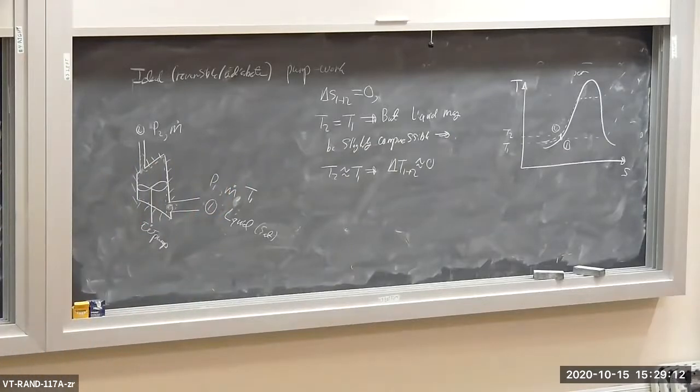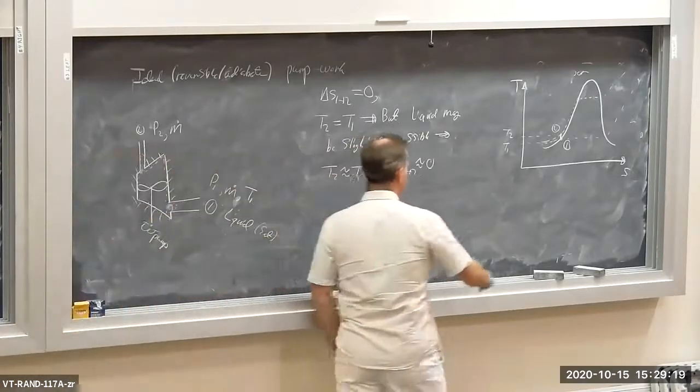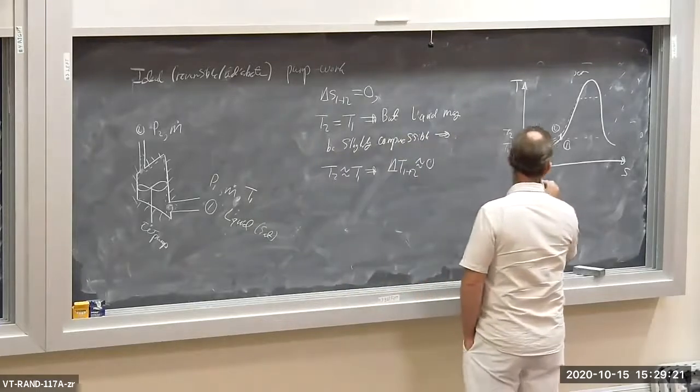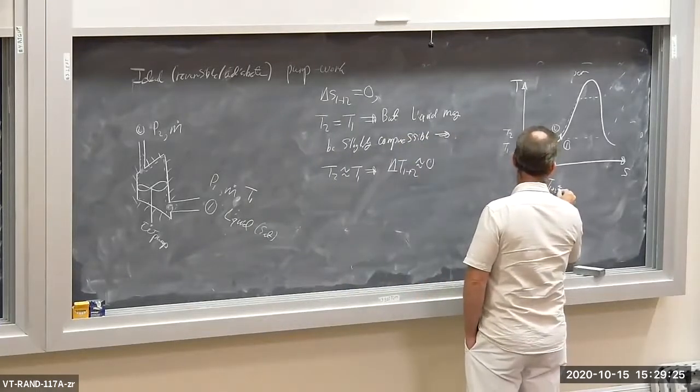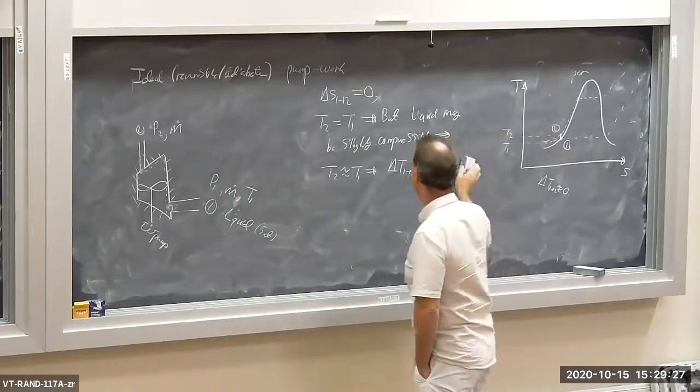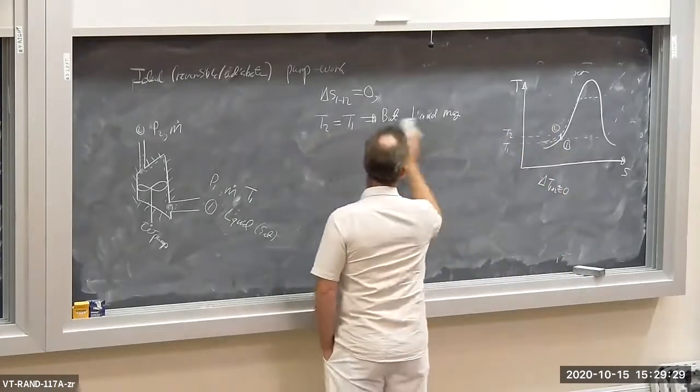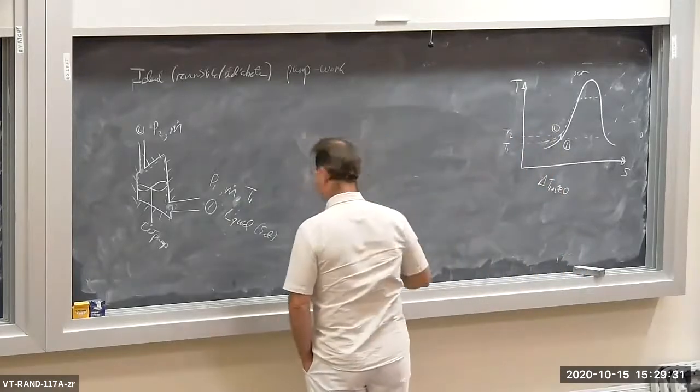Specific work. Let's apply the energy balance. We already have delta T from 1 to 2 is approximately equal to 0. So how do we get the work?